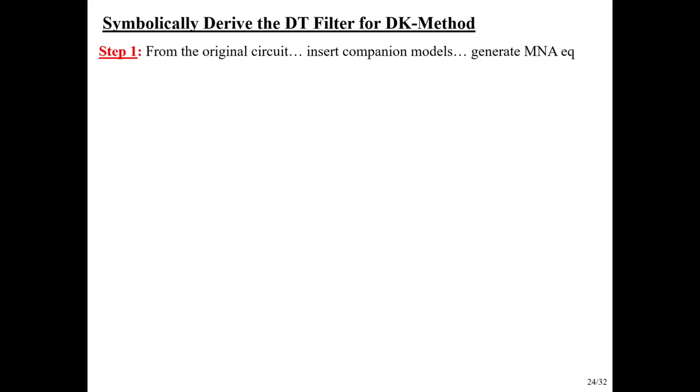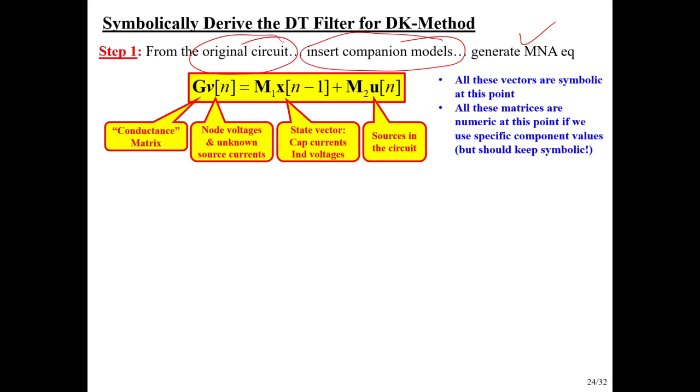Okay, so step 1, you've got your original circuit diagram. We're going to insert the companion models for capacitors and inductors, and then figure out what the MNA equation looks like. So there's our MNA equation.